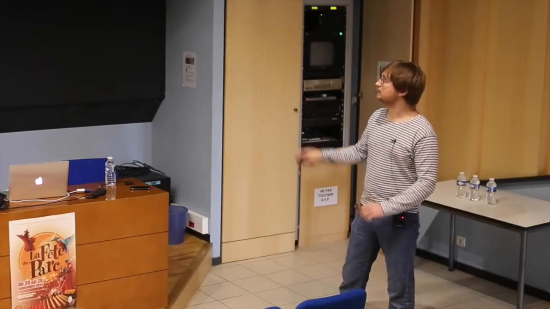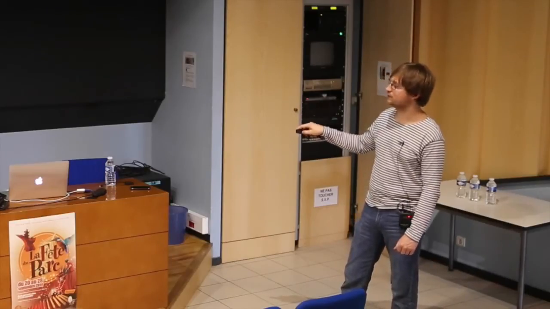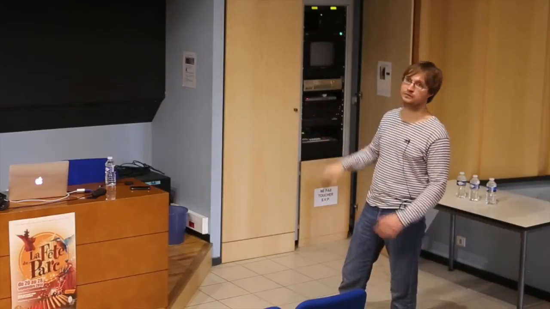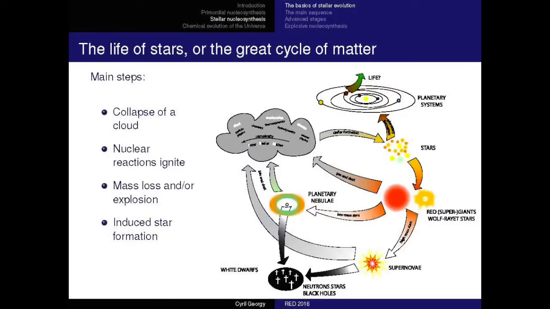So basically, a matter cycle here. There is a bit of loss in the remnant, but it's not big. It's not a huge number that is trapped here, and that's how you can go from stars with the composition of the primordial universe, so hydrogen and helium, to stars that have different kinds of chemical composition.